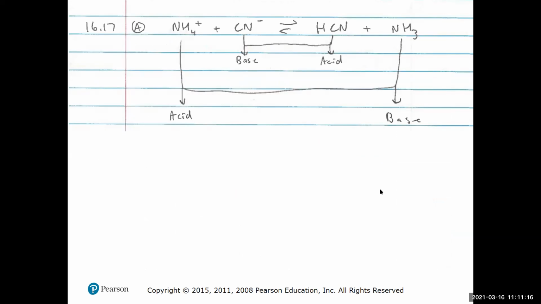Okay, so the first one I'd like to look at is 16.17. And so we want to identify the Bronsted acid and Bronsted base, and then the conjugate of them. So does anyone remember what a Bronsted acid or base has to do or have?